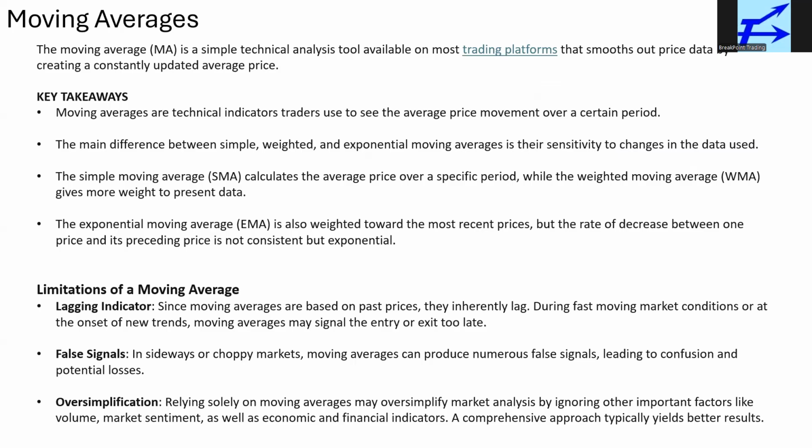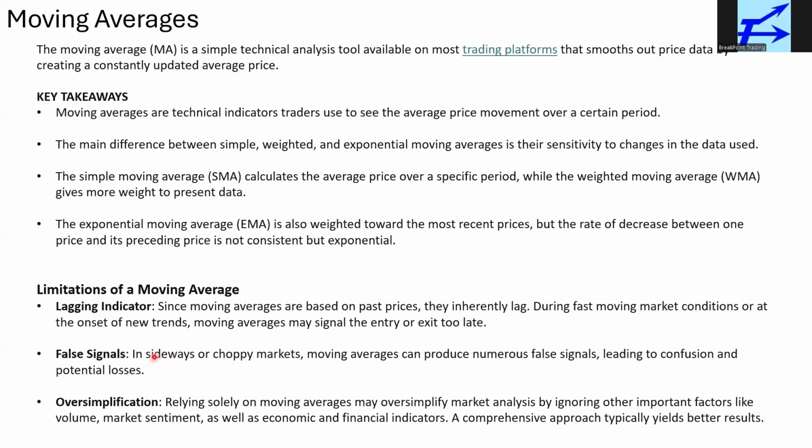So the limitation is during fast moving market conditions, moving averages may signal an entry or exit too late. False signals in sideways or choppy markets, especially, moving averages can produce numerous false signals because they are lagging. So you have to keep that in mind.